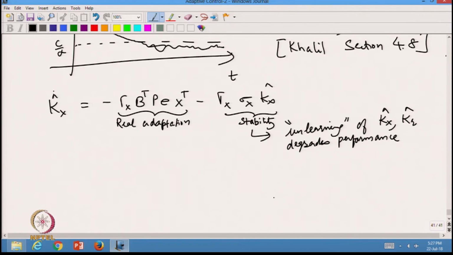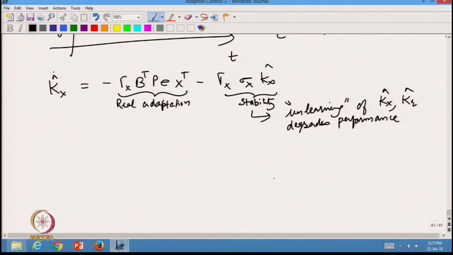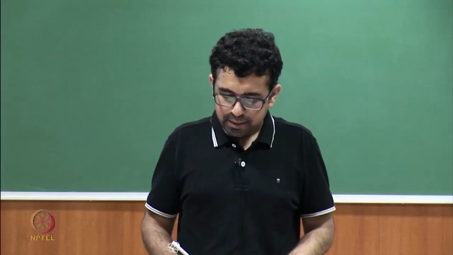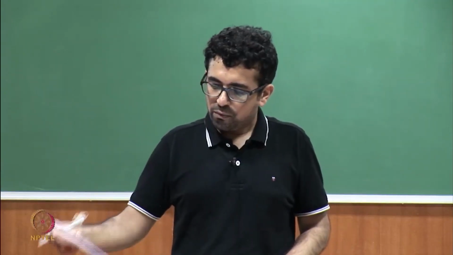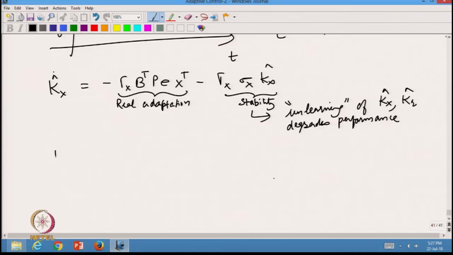So, we have to guard against such phenomena. So, how do we overcome such a case? That we will cover in the next lecture, but I would like to give you just a little bit of a hint as to what we might be able to do.